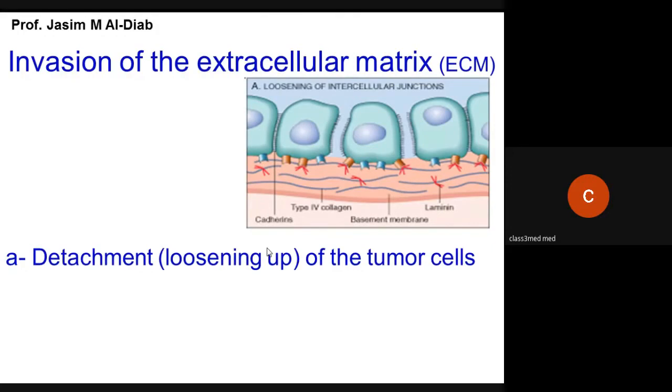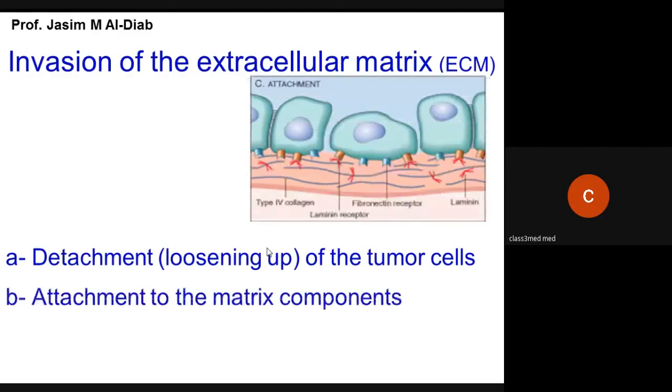For the tumor cell to find its way and a place to live, it must free itself from the tumor mass. Okay? Then it should be able to attach to the basement membrane and interstitial connective tissue. We called both of them the extracellular matrix.